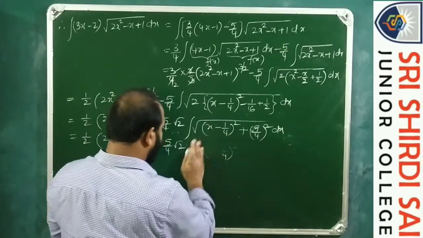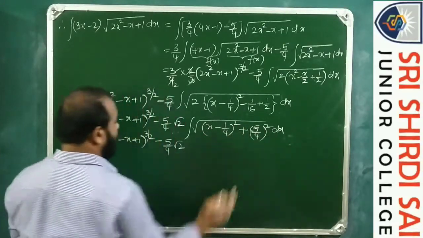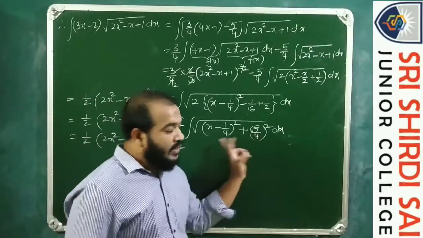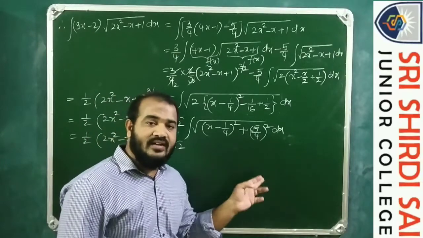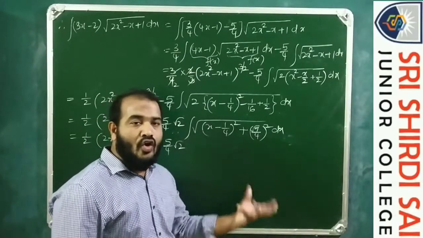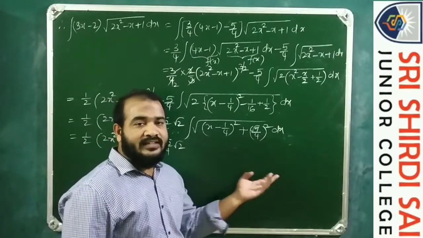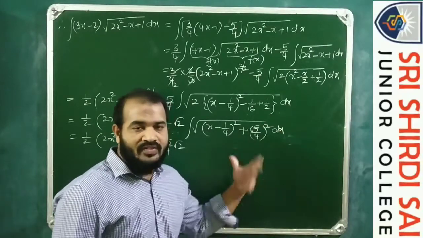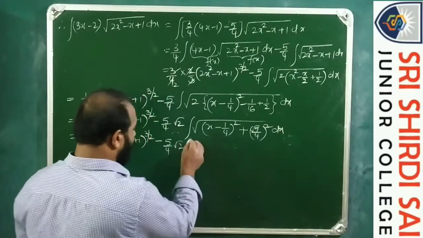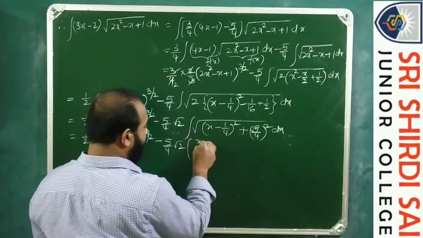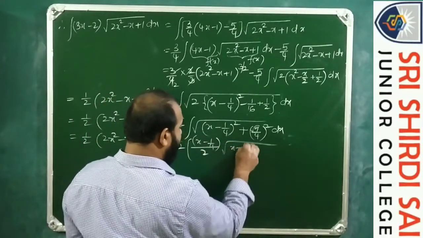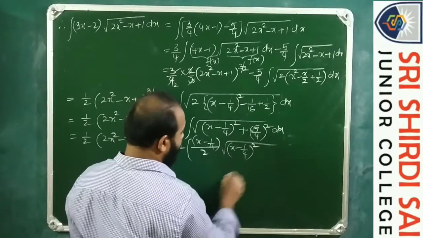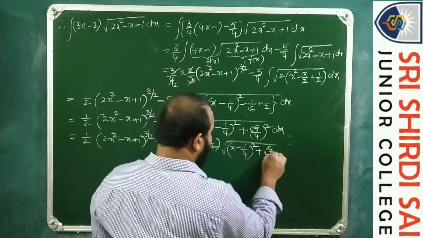So this is equals to integral root of a² + x² dx, which is x/2 root of a² + x² plus a²/2 sinh inverse x/a, or log mod x plus square root of x² + a². So one of these two formulas we can use. So x/2 is (x − 1/4)/2 root of (x − 1/4) whole square plus (root 7/4) whole square.